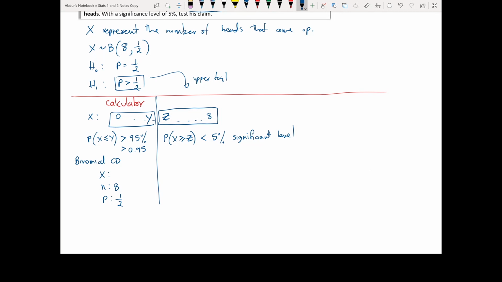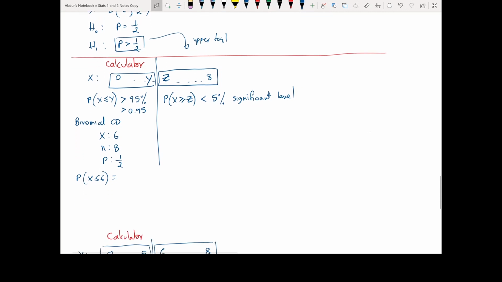So firstly, I'm going to try an X value. Suppose I try 6 here. So I'll try the probability of X being less than or equal to 6, and we'll see what that gets us.